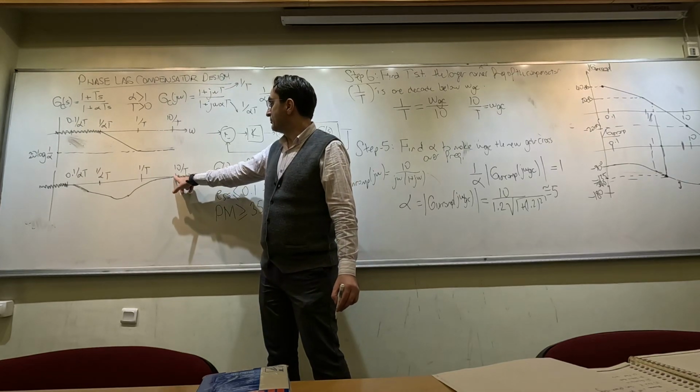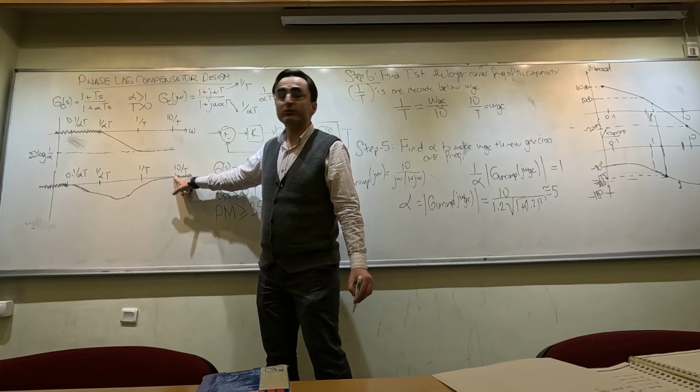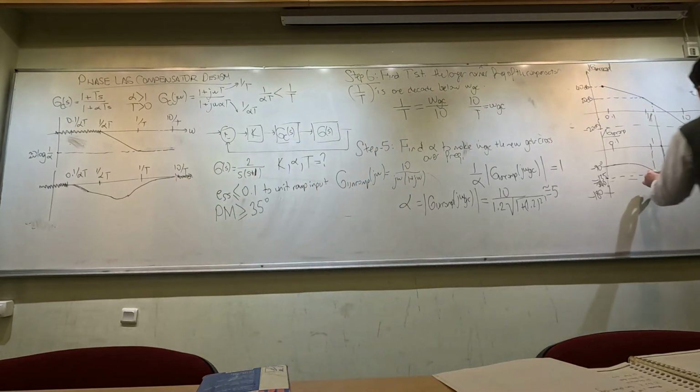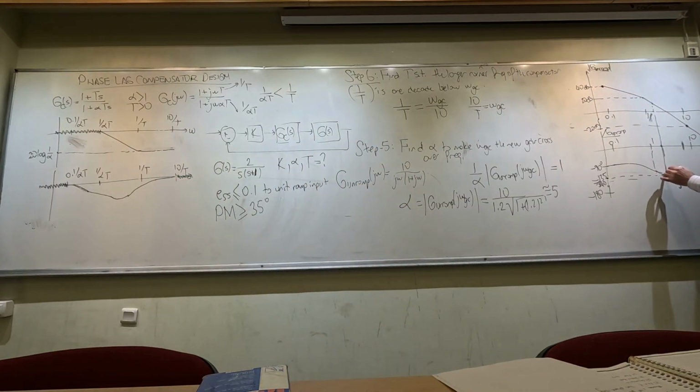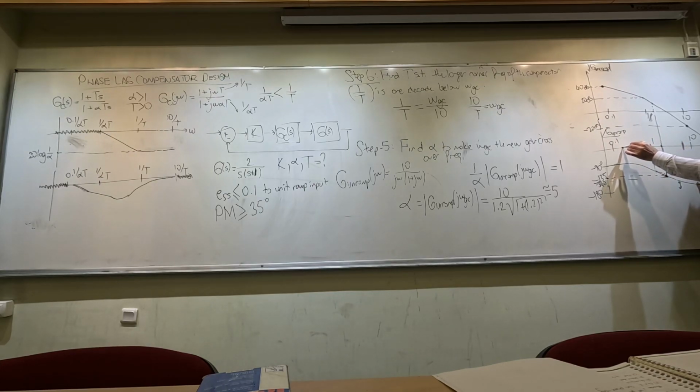So I'm placing my new gain crossover frequency here, so that this reduction here is started, so 1 over T is somewhere here. I will place 1 over T at least to a value which is 10 times smaller than this value, which means that 1 over T is going to be somewhere here.